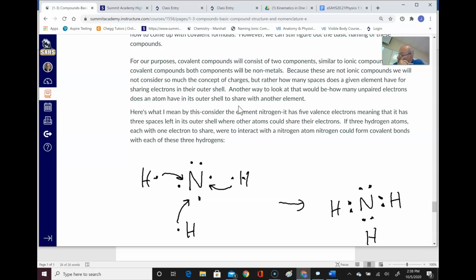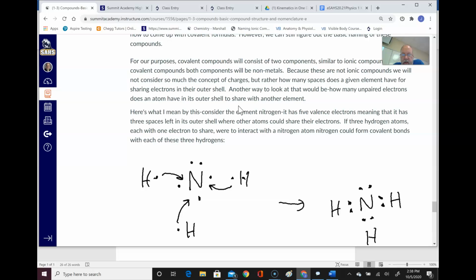So we aren't going to consider +3 and -2 and how that fits together. We're going to look at how many electrons are available to interact in the outer shell. Another way to look at that would be how many unpaired electrons the atom has to share with another element. And here's what I mean by this.